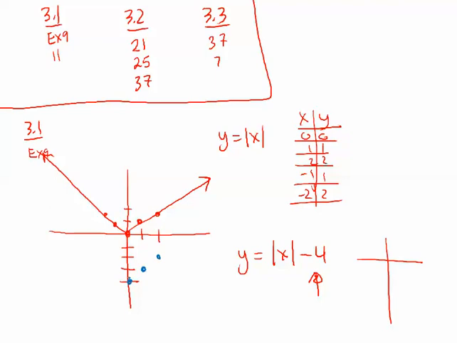I'm going to try to graph this the same way here. It should be the exact same line. If the x was a number, if the x was a 1, if the x was a 2. If I put a 0, it would be negative 4. Put a 1, absolute value of 1 is 1, subtract 4 is negative 3.